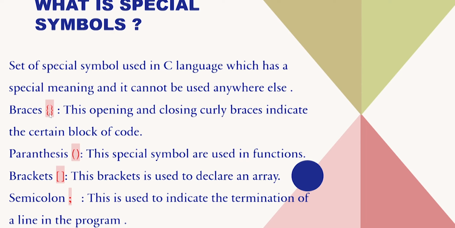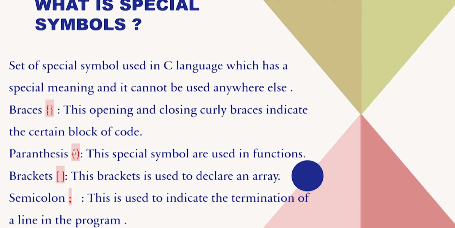If we include braces around code, it indicates a particular block or unit of code. Here you can see the opening and closing curly braces indicate a certain block of code. Inside these curly braces, whatever code we enter is considered a particular block of code.